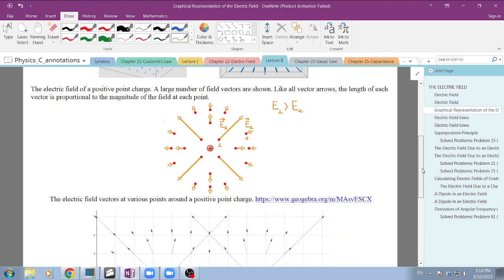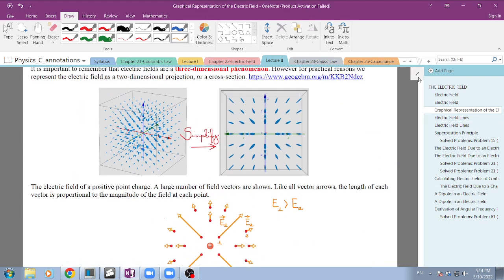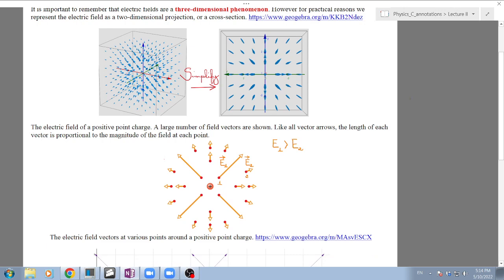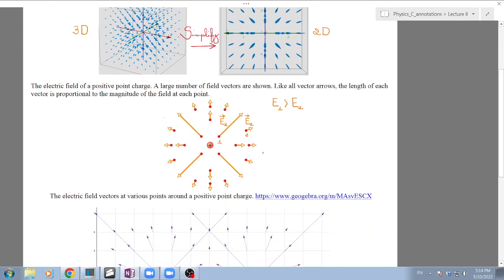But even though we simplify from a three-dimensional representation to a 2D projection or cross section, it's still kind of complicated, right?